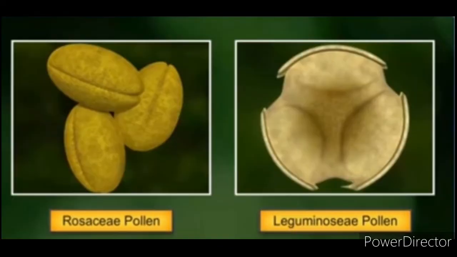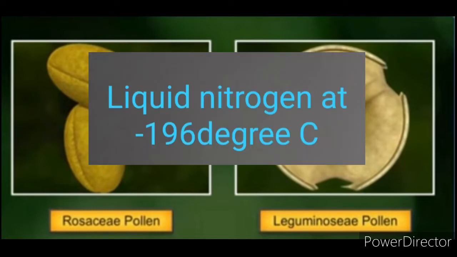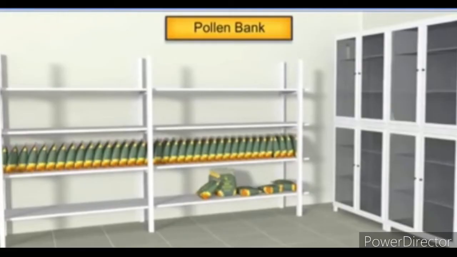The pollen grains of some members of Rosaceae, Leguminosae and Solanaceae can be preserved in liquid nitrogen at minus 196 degrees centigrade for many years and used as a pollen bank in crop breeding programs. See that one.